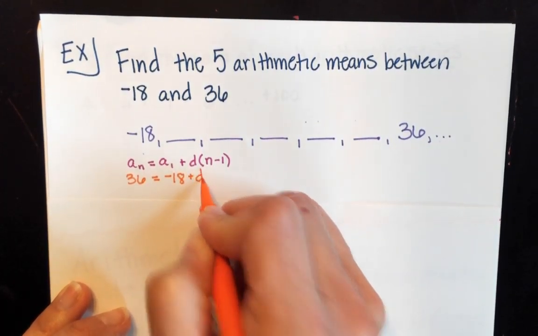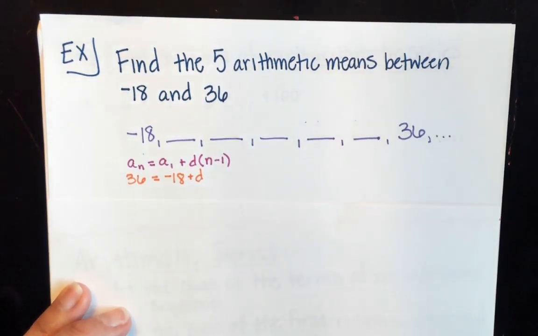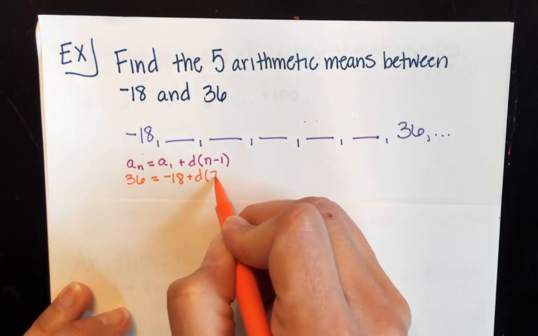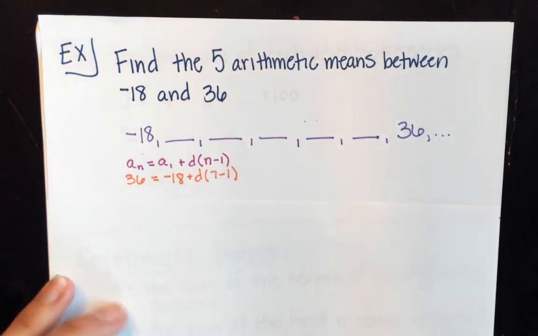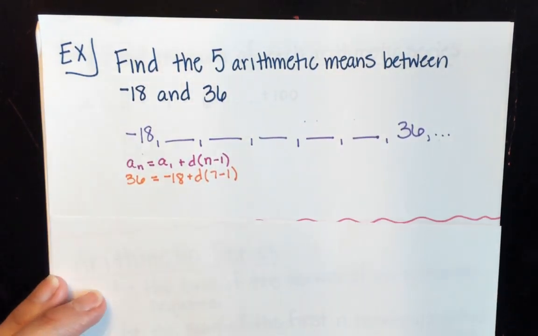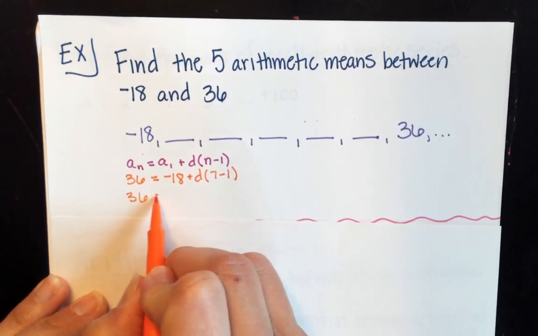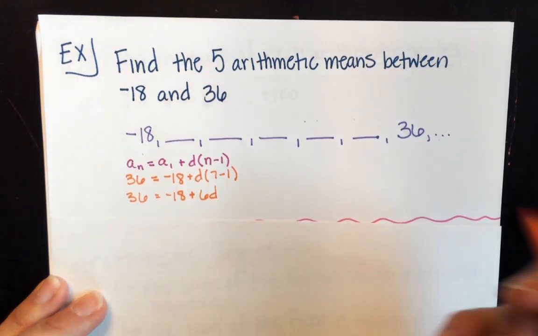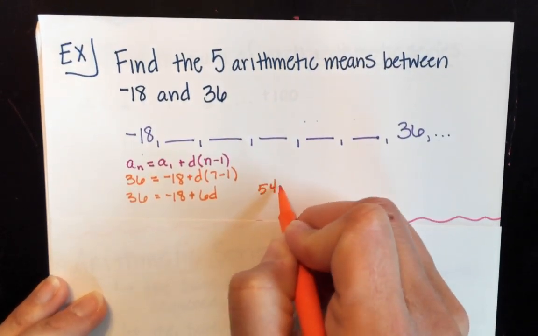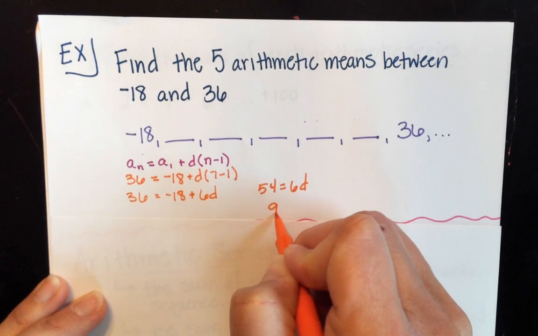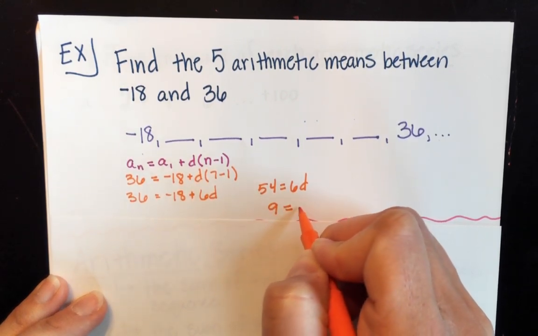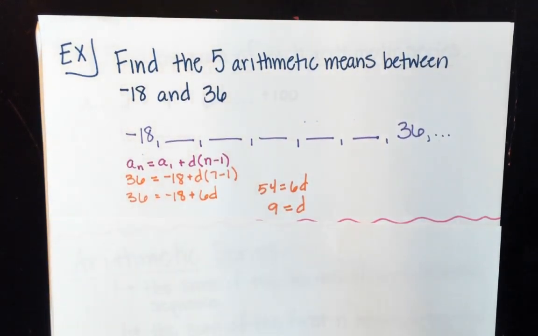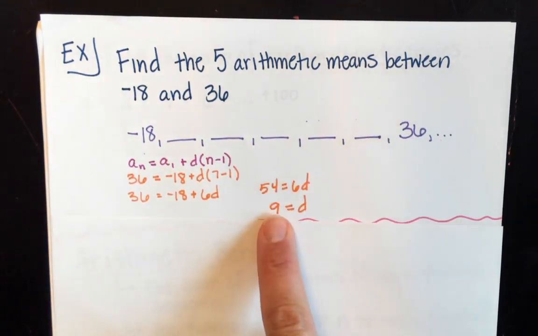Our first term is -18. We are trying to find our common difference so that we can get this pattern. And again, we have our 7 places minus 1. And we find that our common difference is 9. So every time we go to plug a value in, we're going to add 9 because that's a positive 9.